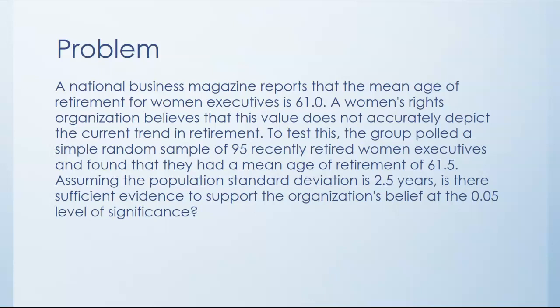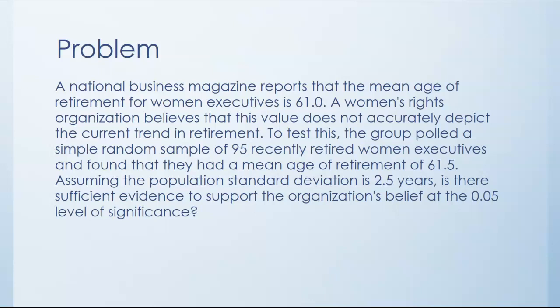Our problem is: a national business magazine reports that the mean age of retirement for women executives is 61. A women's rights organization believes that this value does not accurately depict the current trends in retirement. To test this, the group polled a simple random sample of 95 recently retired women executives and found that they had a mean age of retirement of 61.5.